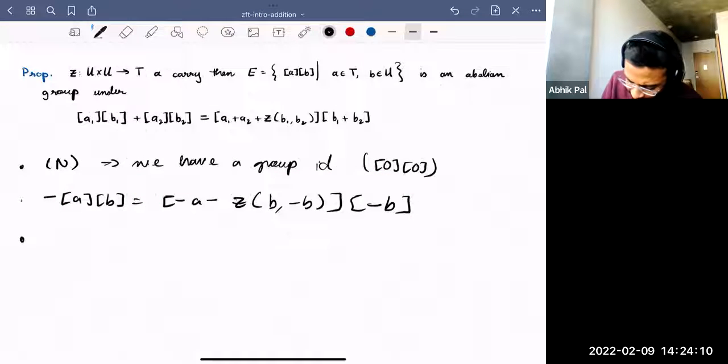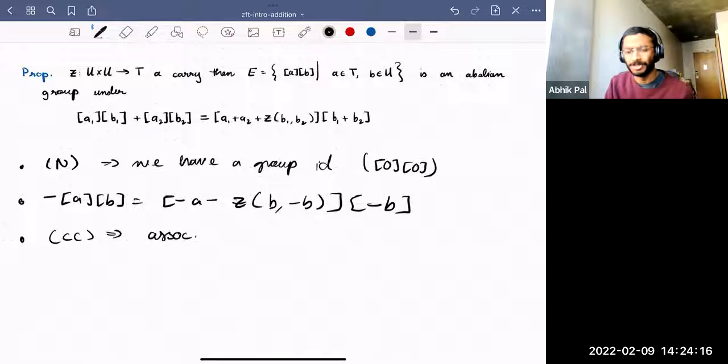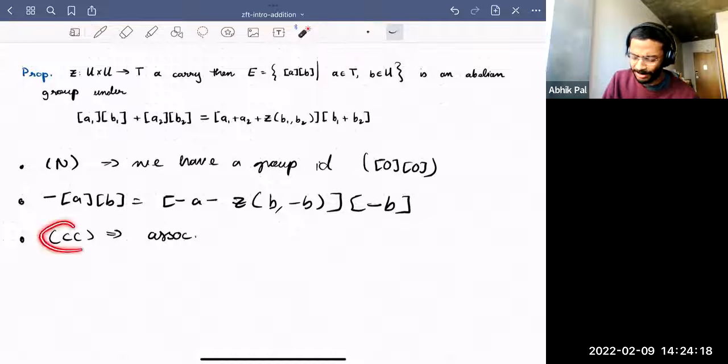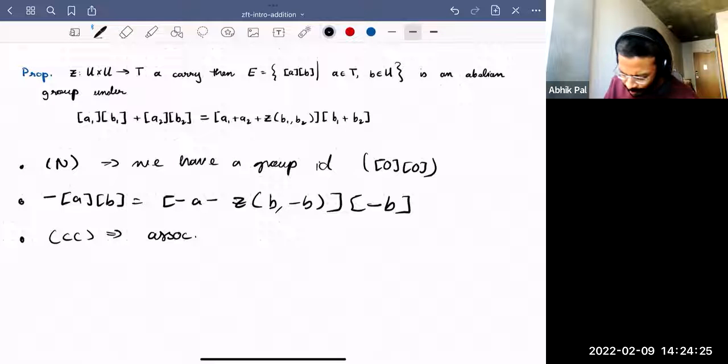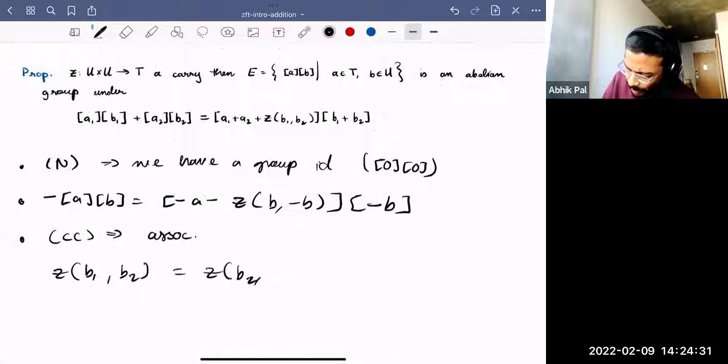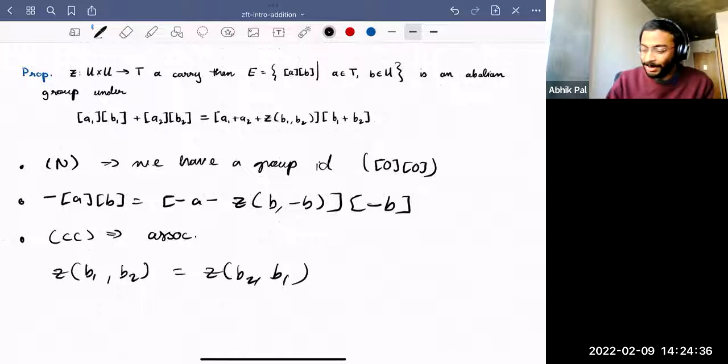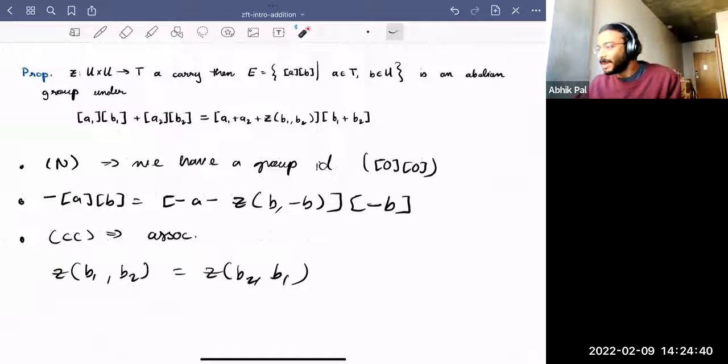And associativity follows. So the carrying condition gives us associativity, because that's how we define the carrying function, such that associativity works. And finally, commutativity also follows from a somewhat annoying computation, but as long as you check that the carries commute, then my group operation also commutes.